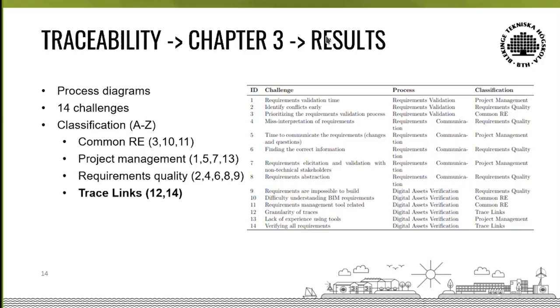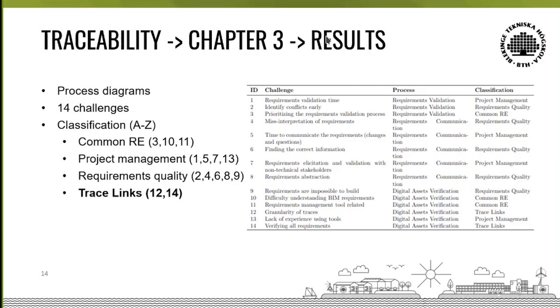is introduced alphabetically. Common RE challenges. These are challenges that were common in requirement engineering and were found also in other research. Many researchers before introduced these challenges in requirement engineering. Project management: these are not really related to only requirement engineering, but could be in any other project. So they are more related to how the projects are organized and managed.